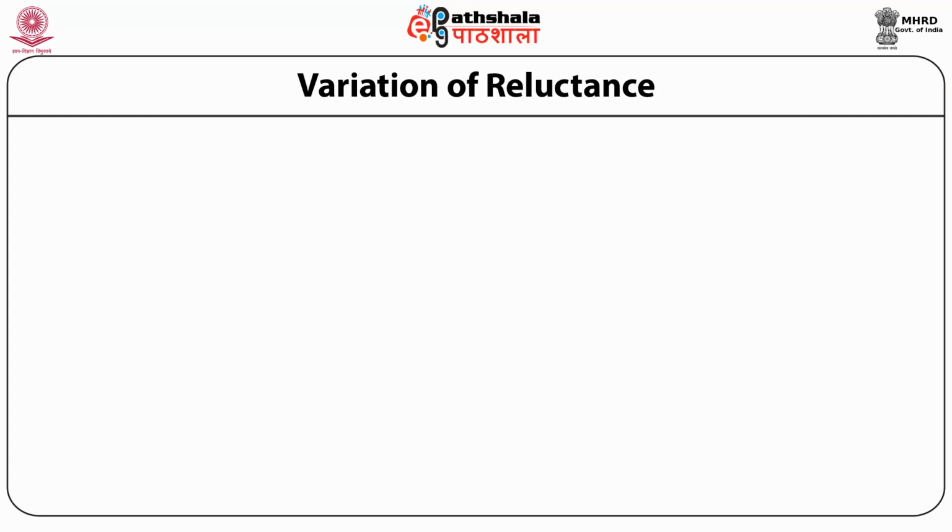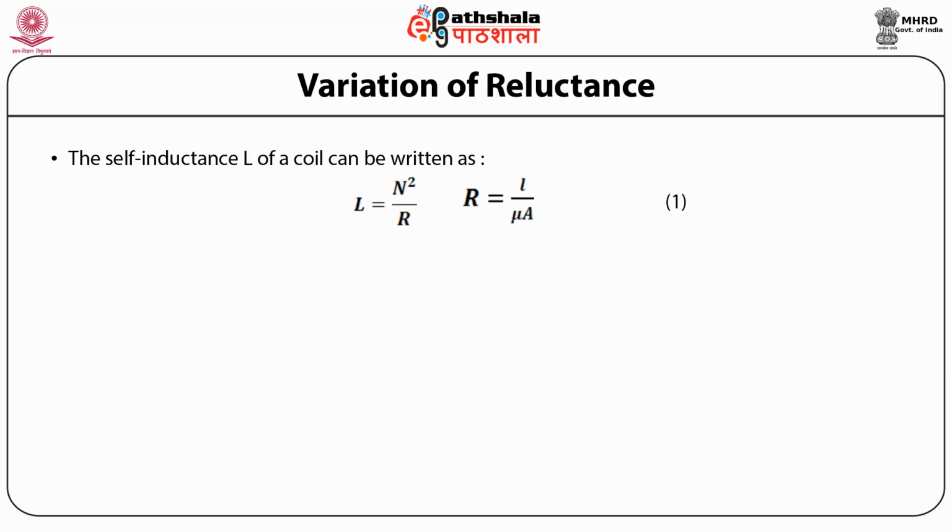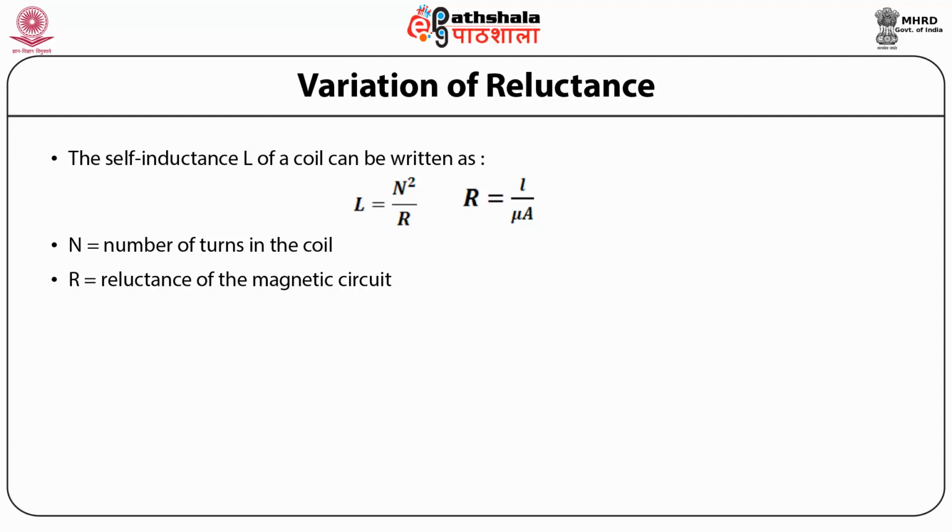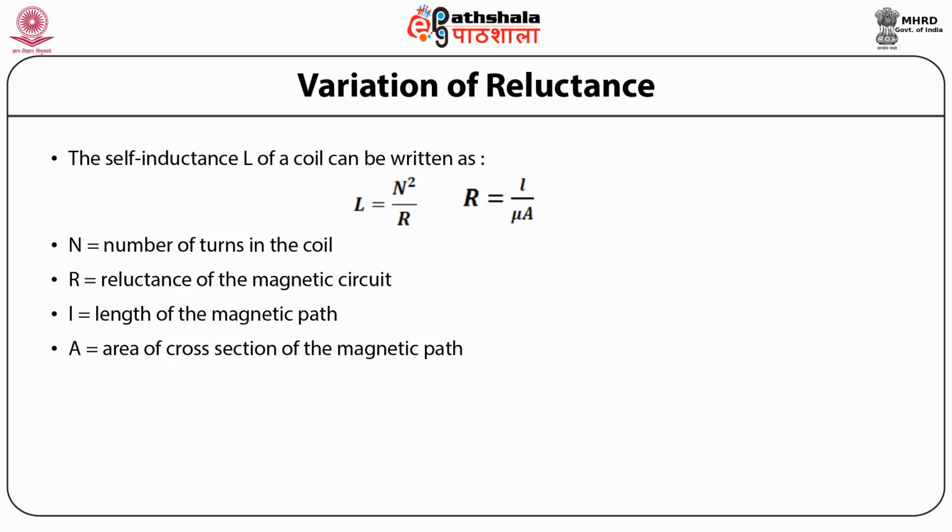Variation of reluctance. The self-inductance L of a coil can be written as L equal to N squared by R, where R is l by mu A. Here N is the number of turns in the coil, R is the reluctance of the magnetic circuit, small l is the length of the magnetic path, capital A is the area of cross section of the magnetic path, and mu is the effective permeability of the medium in and around the coil.